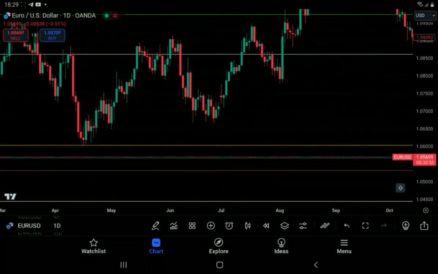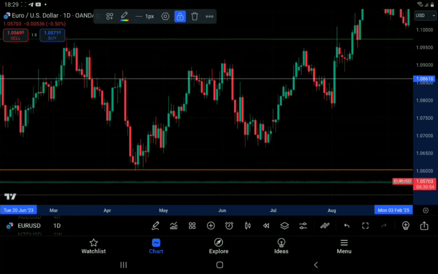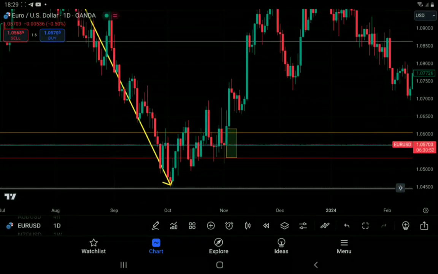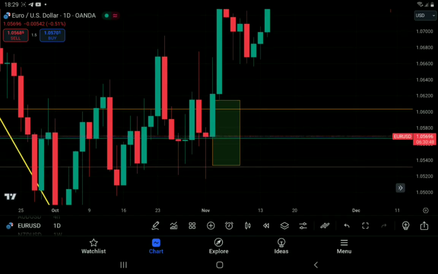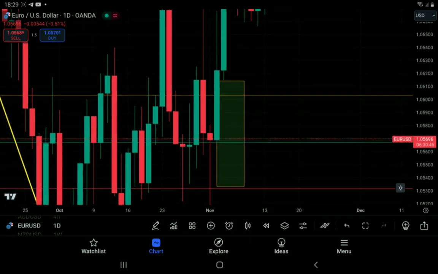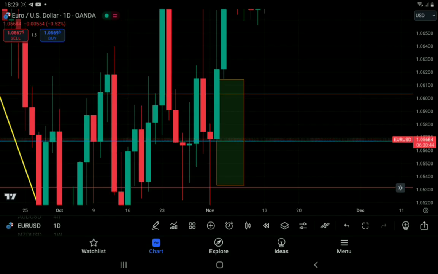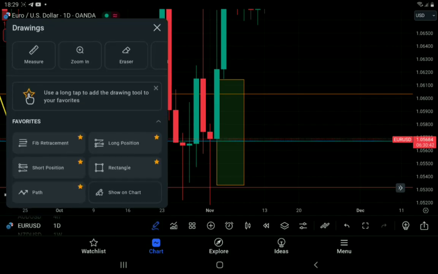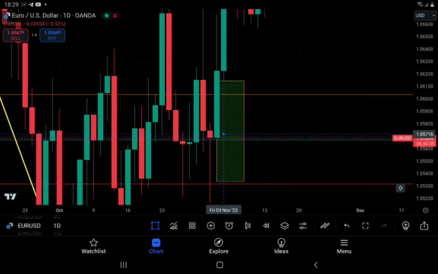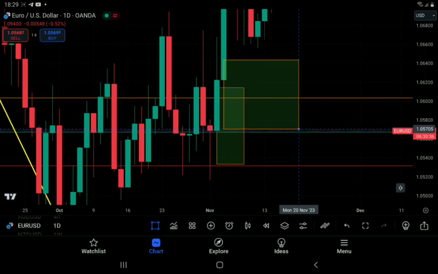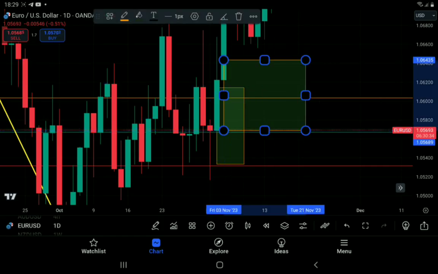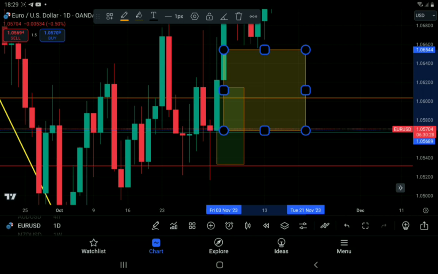Our fair value gap is incoming at where? At this point here. See it here. So it's showing us that our fair value gap is completing its journey around here, exactly here. That is from this top to this base. Are you with me? That is where our imbalance is coming in at. I'll mark it with a yellow line.